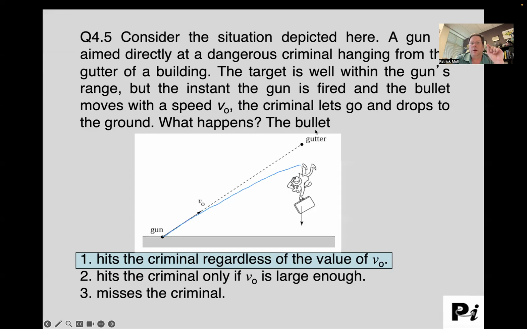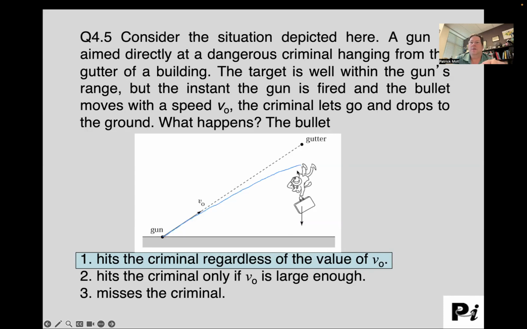They're both in the same gravitational field. They both have the same gravitational acceleration vertically, and they're in free fall for the same amount of time. So just as far as the person falls, the projectile also falls.